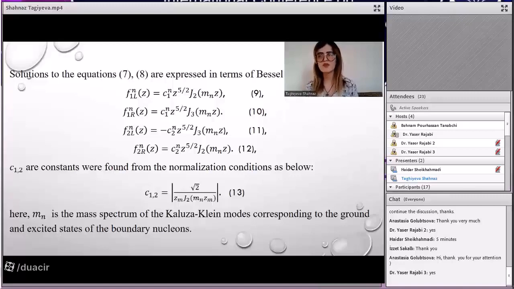The eigenvalues of the chiral models depend on which profile function we choose for the boundary. The solutions to equations 7, 8 are expressed in terms of Bessel functions, as in expression 9, and we can see constants, and these constants were found from the normalization conditions.